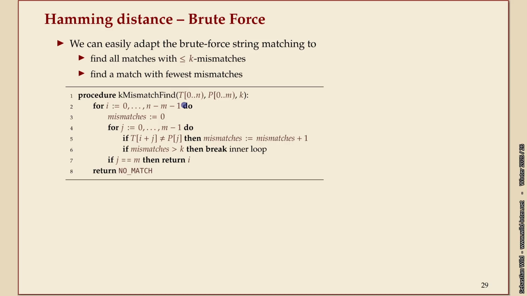So I go through all the starting positions in the text and all the characters in the pattern. If the appropriate characters don't match, I count that mismatch. If I reach my threshold before I'm done, I don't continue. Whereas if I leave the loop without having seen too many mismatches, then that was an inexact match, and I'm returning this one.